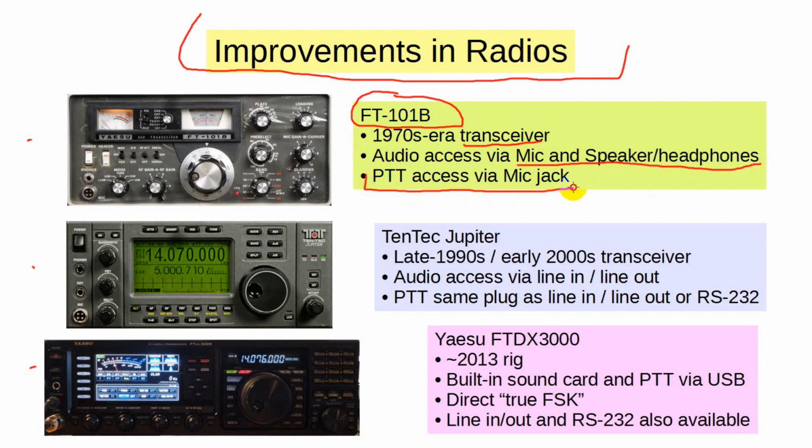The middle generation, exemplified by the Ten-Tec Jupiter, had special connections for digital audio. They provided something called line-in and line-out, which are audio connections at a constant amplitude, so levels had to be set only once. This configuration remains very common today.